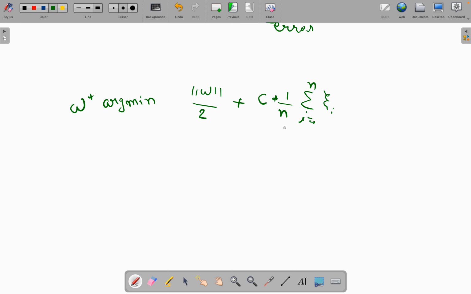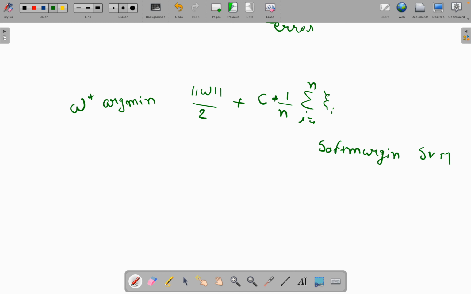For each point we are calculating the average distance for misclassified points. This formula is called soft margin SVM, because we are allowing some misclassification while finding the best plane. It doesn't use any hard assumption, so it's called soft margin SVM.